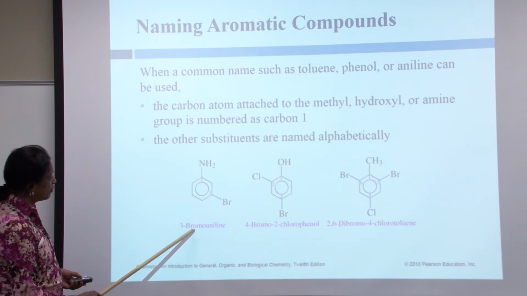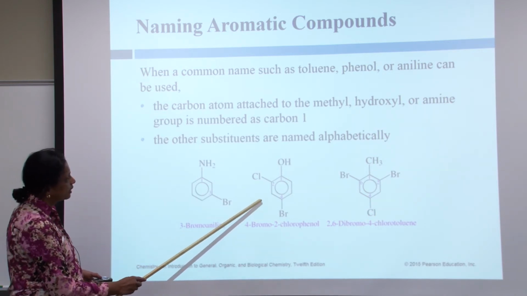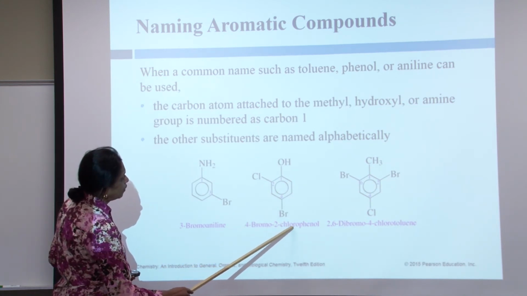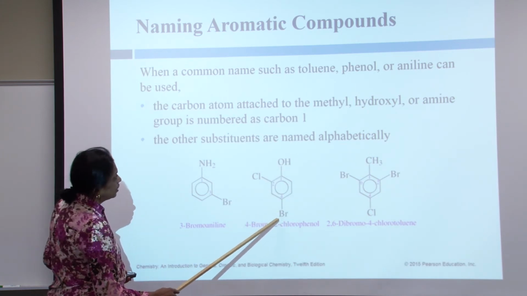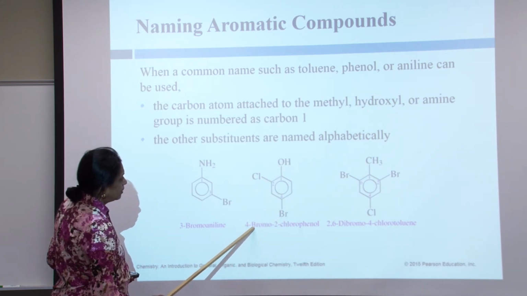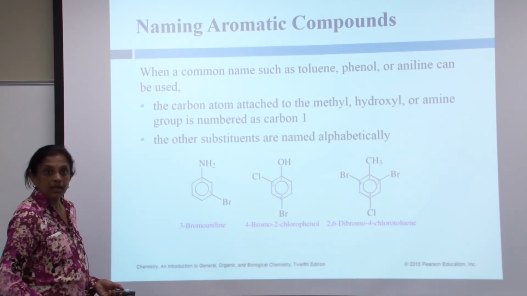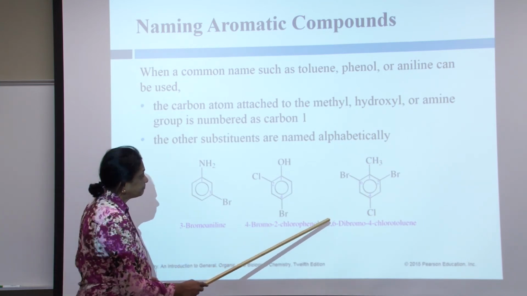So 3-bromoaniline, we are using the common name. 4-bromo-2-chlorophenol, OH, we are using the common name. Bromo comes first because B comes before C alphabetically.